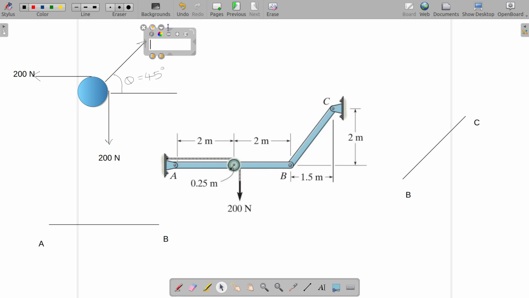So if this is 45 degrees, the resultant here, which we call R, now the net force in x direction should be 0, net force in y direction should be 0.